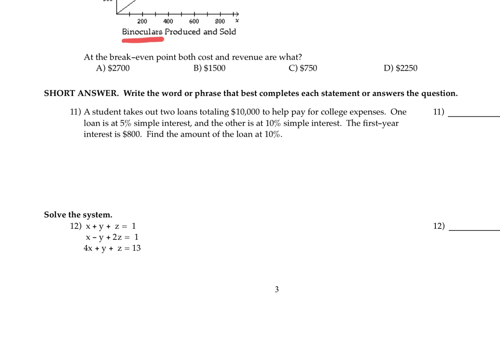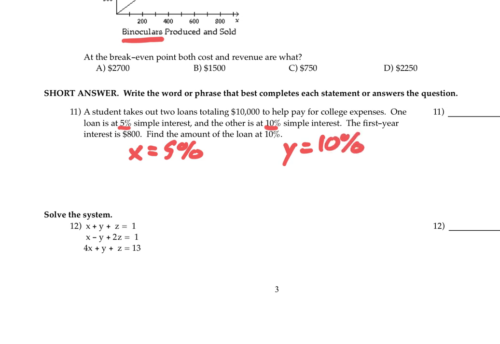I will tell you this. We have 5% and 10% on this one. So that means there are only two variables. What I would do here, and I'm going to let you try to come up with the equations on your own, and if you can't figure it out, I'll come around and help you. X is going to represent the 5%. Y is going to represent the 10%.